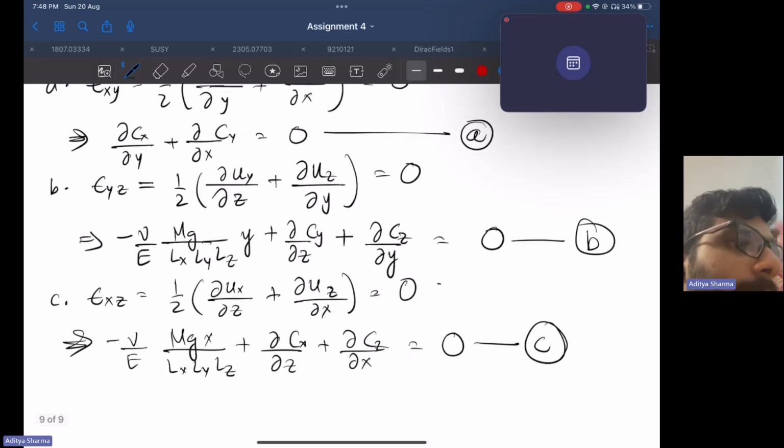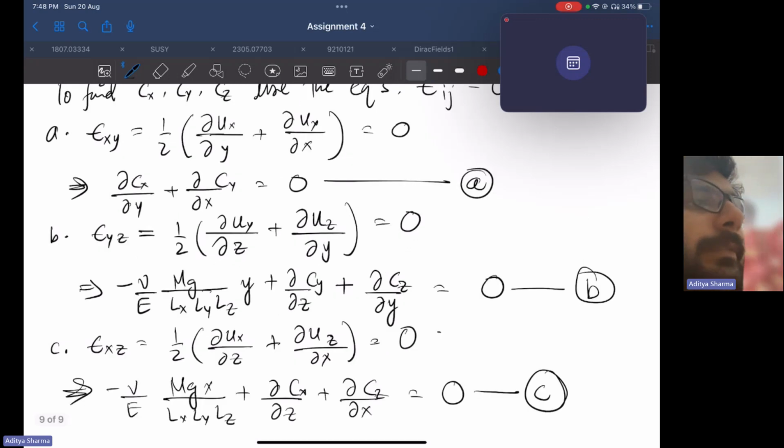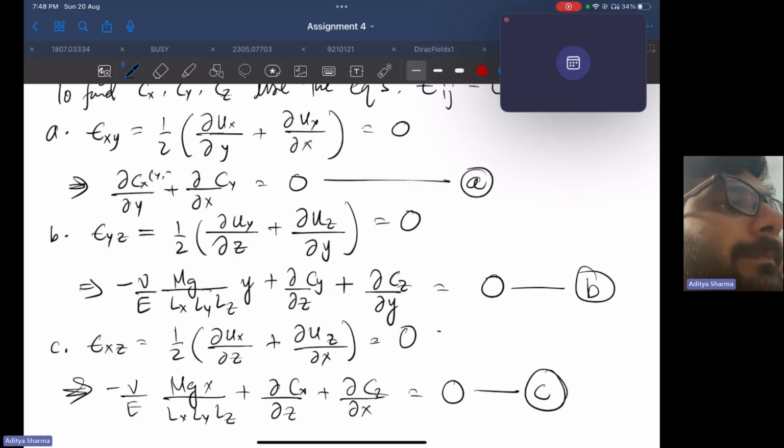Now Cx is a function of y and z. Cy is a function of x and z. And this thing is giving to be 0.